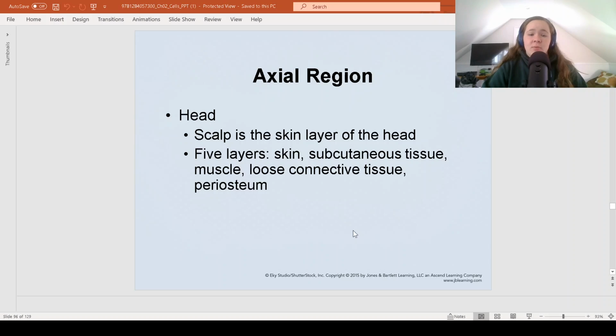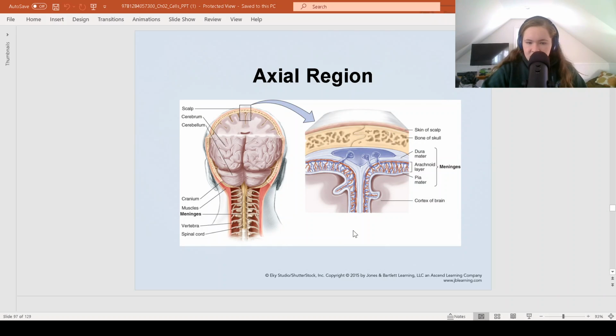Head: the scalp is the skin layer of the head. 5 layers: skin, subcutaneous tissue, muscle, loose connective tissue, and the periosteum. I don't know how to pronounce that. So yeah, this is basically what it looks like if you were to peel someone's skin and bone off somehow.